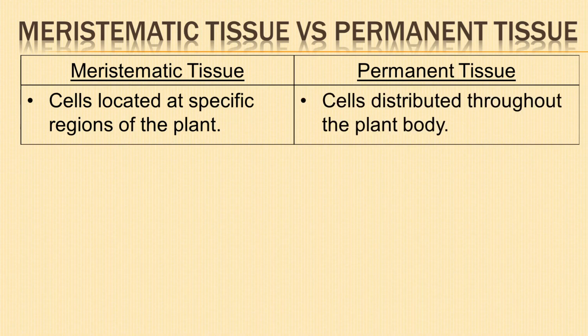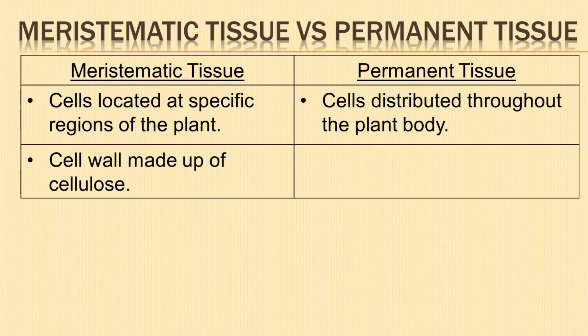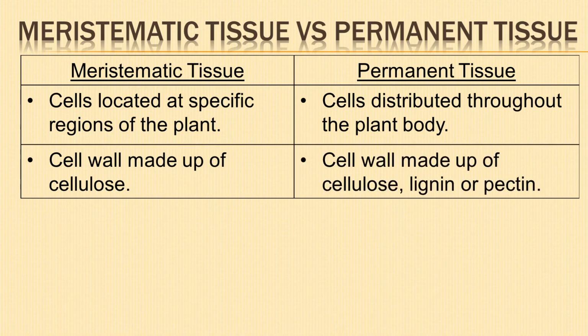Permanent tissue cells are distributed throughout the plant body. Meristematic tissue cells have cell walls made up of cellulose. Cell walls of permanent tissue have cellulose, lignin, pectin, or suberin.